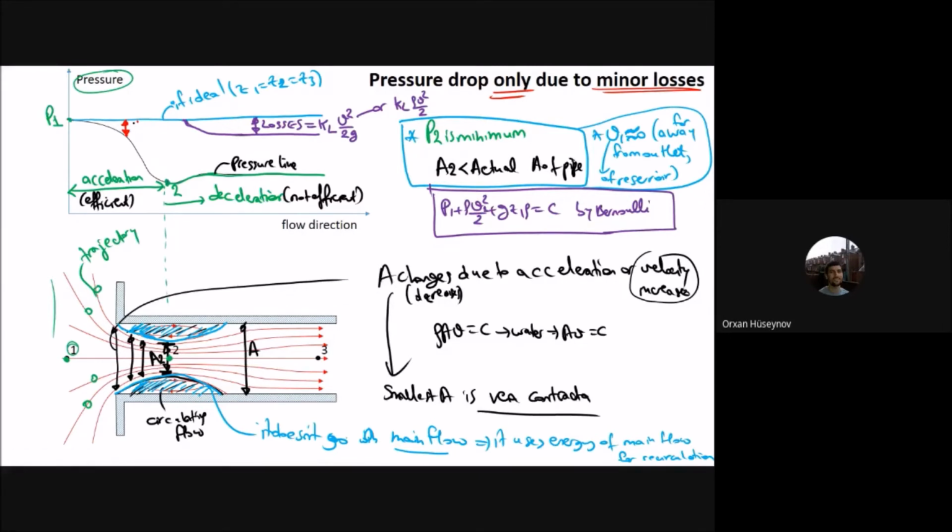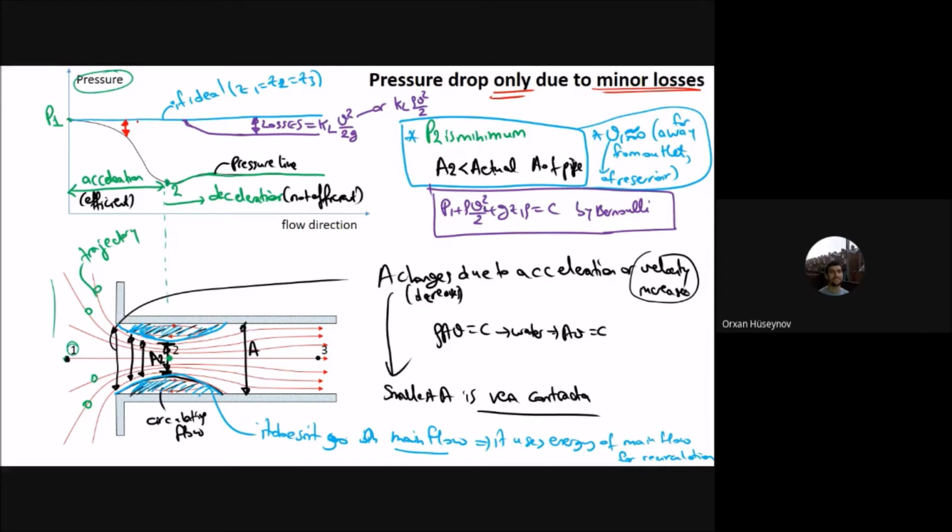So what is the difference between the ideal line minus the pressure? What is that energy? Flow energy? No, I mean what type of energy is it? Kinetic energy, potential energy? If you start from point 1, look at the picture here.